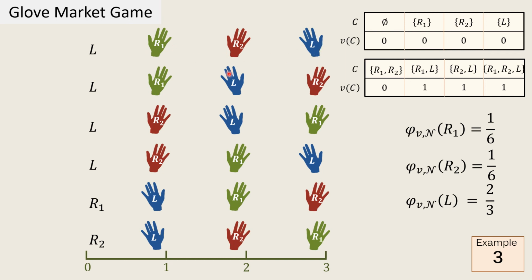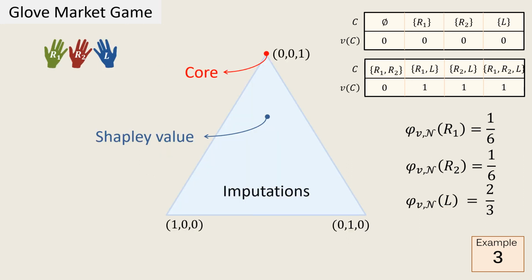And so in each case, adding the left glove increases the value from 0 to 1. And so 4 over 6, that is 2 over 3, is the Shapley value of L. So we plot the Shapley value here. This is the Shapley value.